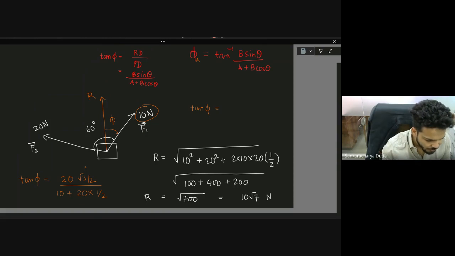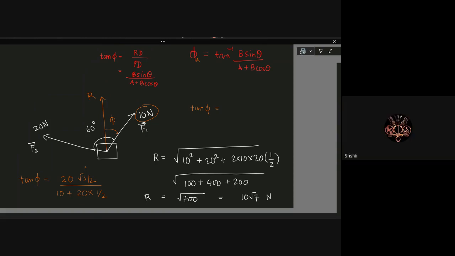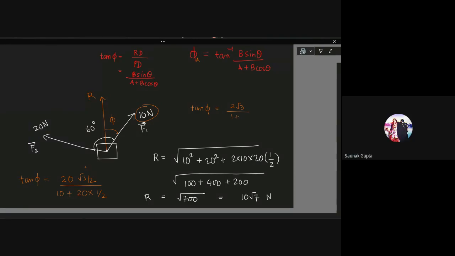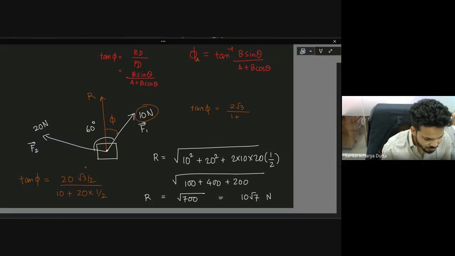Are you sure? Is it 10 root 3 by 20, which is basically 1 by 2? Let's get rid of all the zeros.